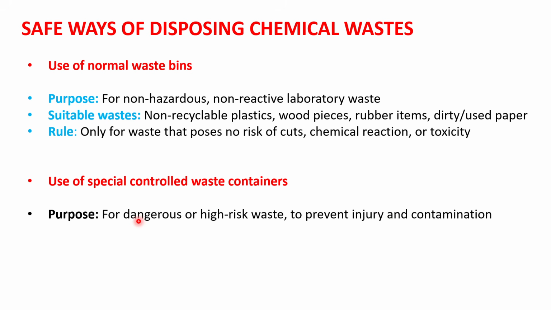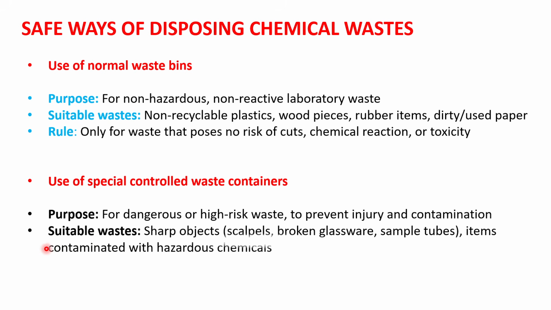So wastes that are considered to be dangerous and high risk must be thrown into special controlled waste containers. This method is suitable for sharp objects, scrapers, broken glassware, sample tubes, items contaminated with hazardous chemicals. All these can be disposed of using special controlled waste containers.